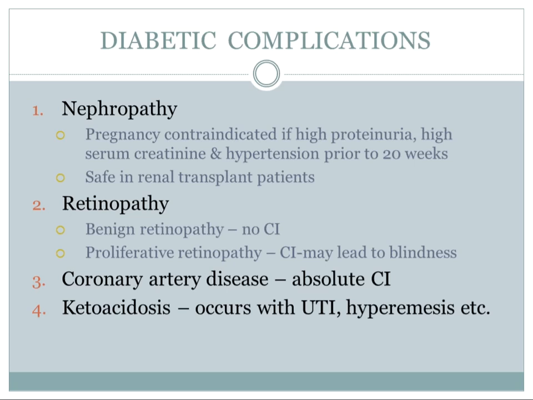Various trade names are there, like mixed and all. The combination is in the ratio of 30 to 70: 30 of short-acting and 70 of intermediate-acting. With this, we give 2 times a day, before breakfast and before dinner.